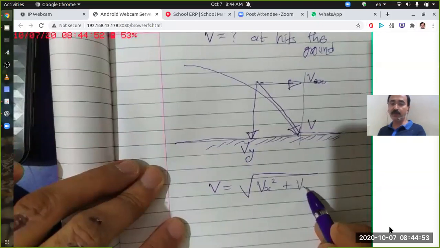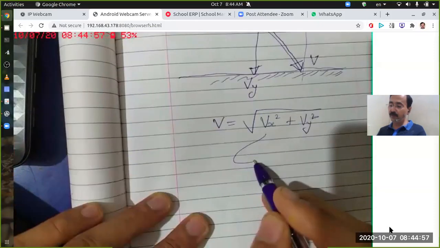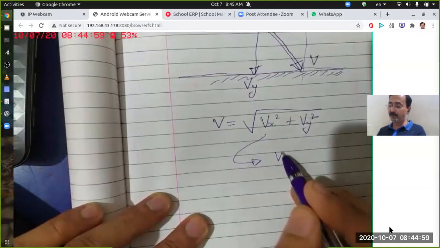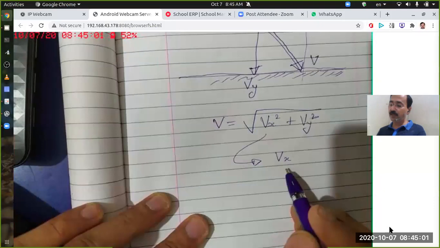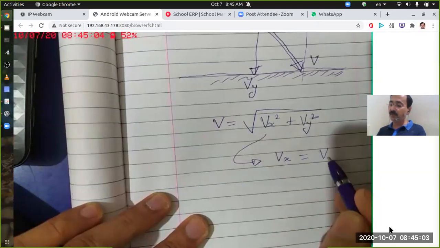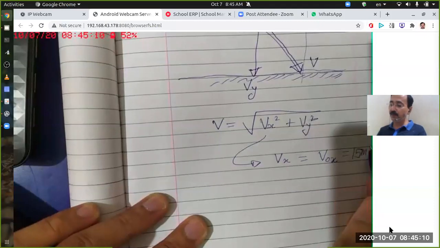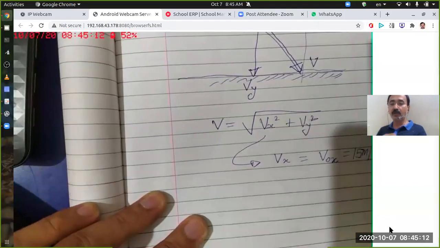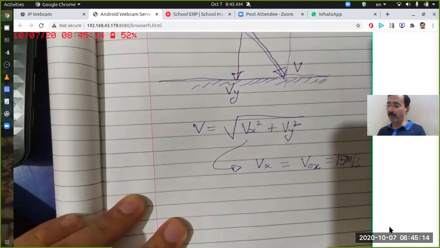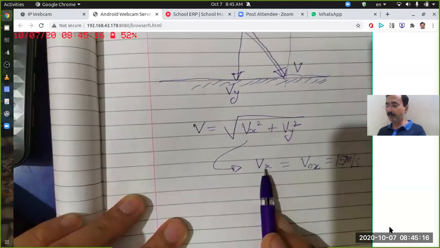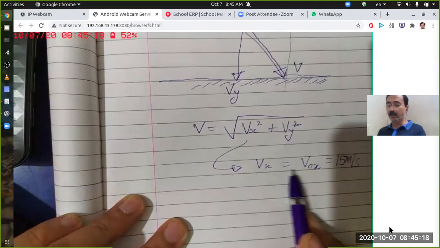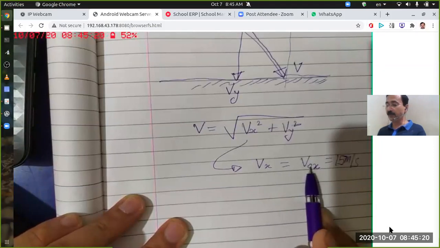Then we will get the speed. That means we have to find vx. Shall I write this is nothing but v0x, which was given as 15 meter per second. No calculation. Final velocity horizontally is equal to initial horizontal velocity. How can I say like that?